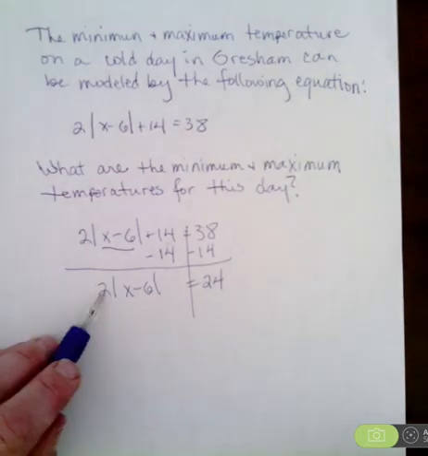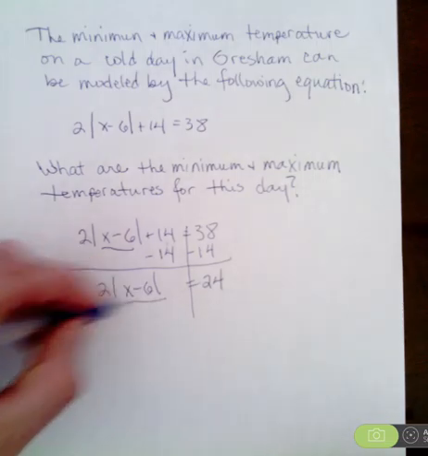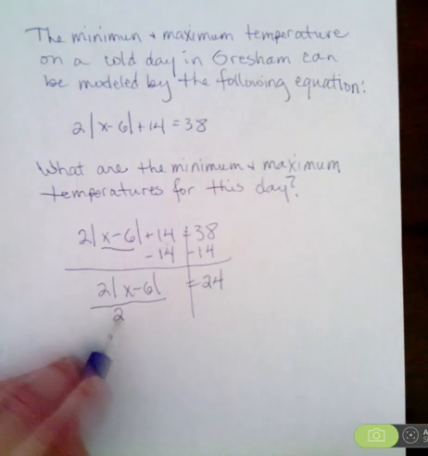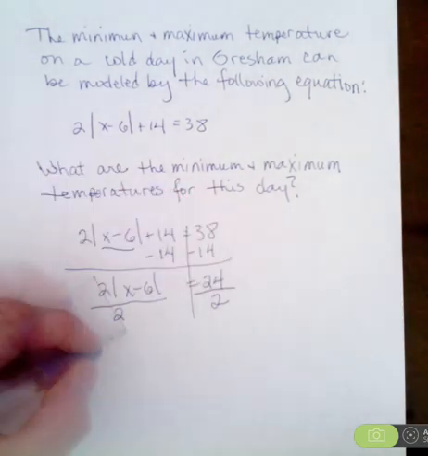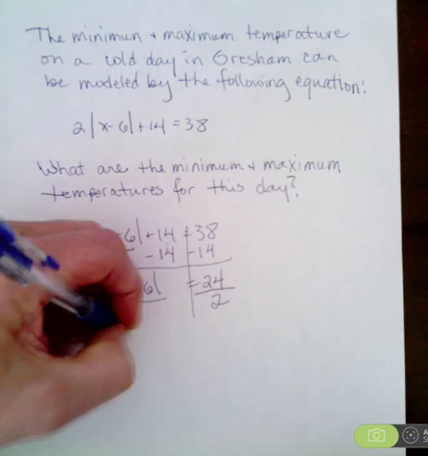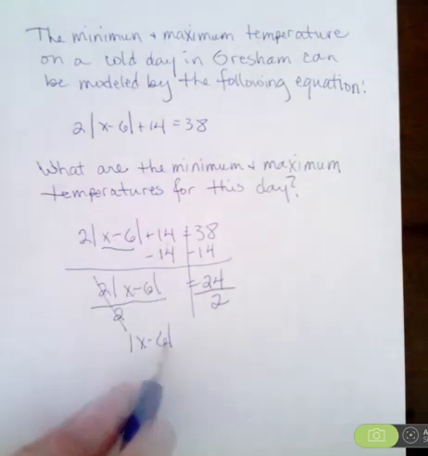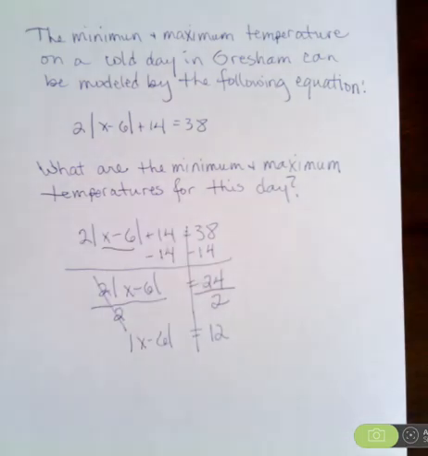I still have the multiplication piece that I need to undo so that I can get the absolute value by itself, so I'm going to divide by 2. What I do on one side of the equation, I do on the other. And I'm left with the absolute value of x minus 6 is equal to 12. 24 divided by 2 is 12.